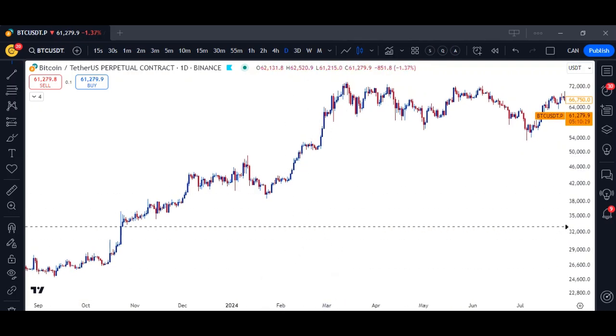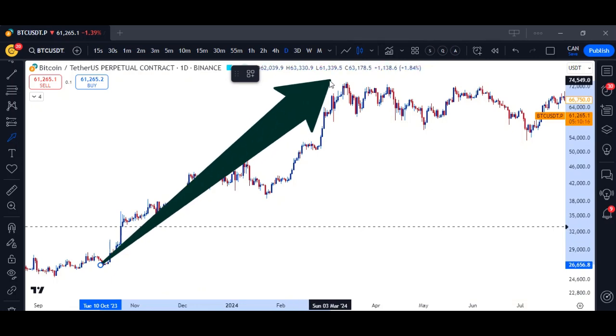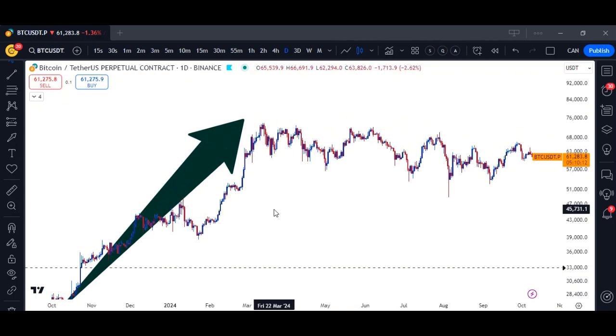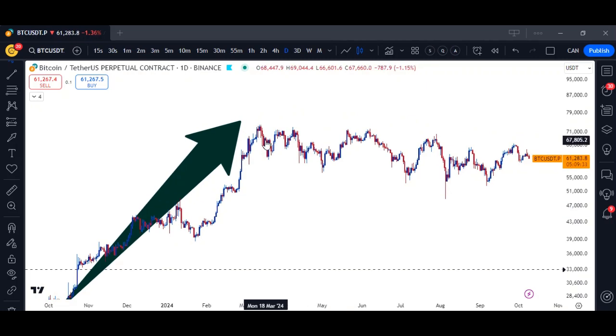If you want to understand how much the price went up, we could say that, okay, price started from around here and we went up all the way from here all the way up to here, okay? So it was a very impulsive move, but this move was actually stopped and the momentum was lost.